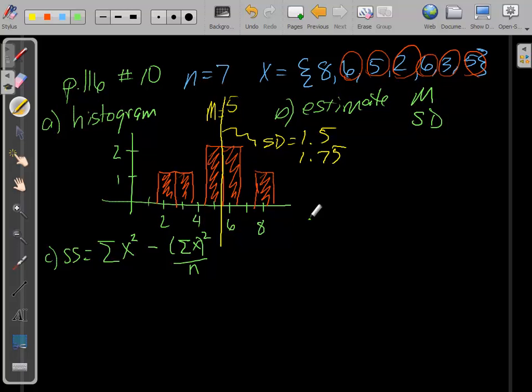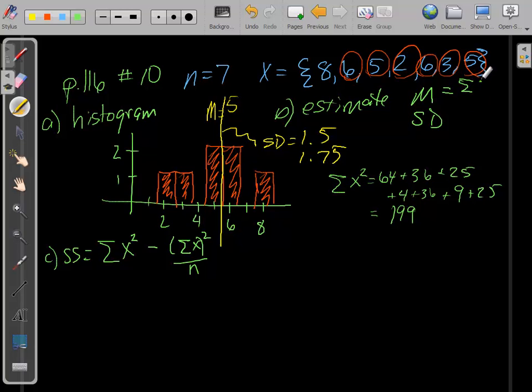So let's see, the sum of the squares, we have 64 plus 36 plus 25 plus 4 plus 36 plus 9 plus 25. And if you add those up, you get 100, 125, 150, 186, 190, 199.